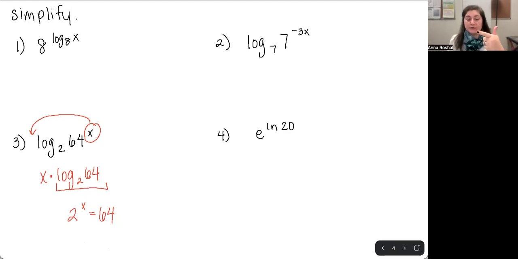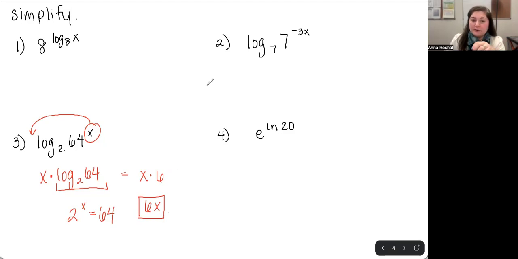So 2 times 2 is 4, times 2 is 8, times 2 is 16, times 2 is 32, sorry, times 2 is 64. So that gives me 6, 2 to the 6th is 64. So really, this entire piece could just be translated into x times 6 or 6x as a final answer.